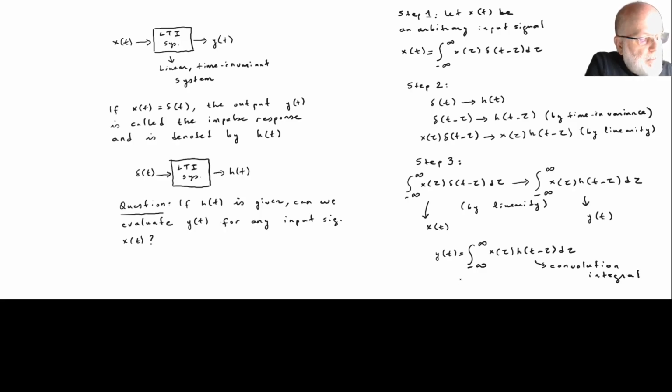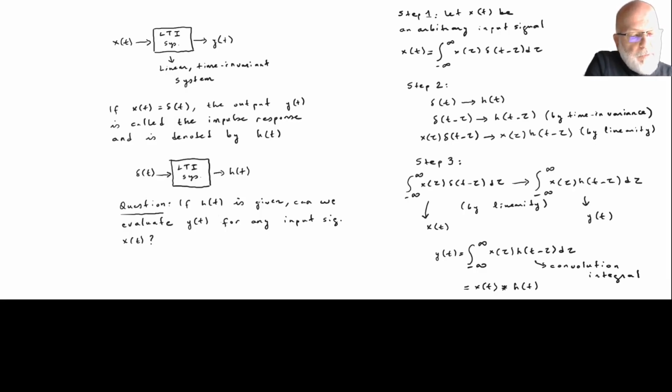And it is also denoted by the following notation: x of t star h of t, the convolution of x of t with the impulse response h of t. So in linear time invariant systems, therefore, we are able to answer this question we have already asked in a very easy way.